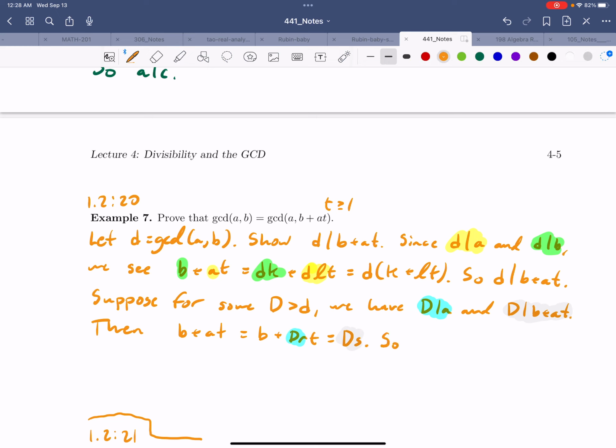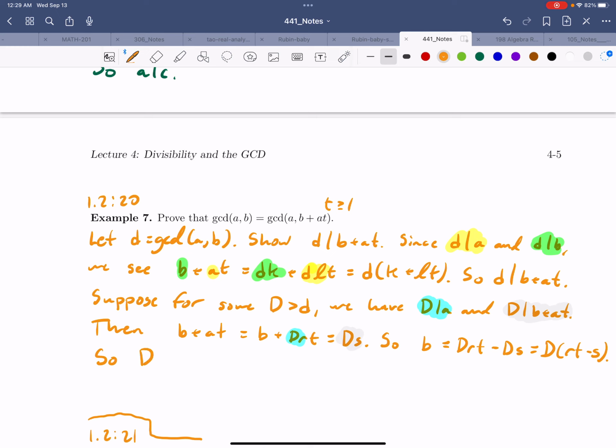Well, that means that if we subtract the DS over, B equals DRT minus DS, and of course you can factor out the big D. Well, that's kind of problematic, right?